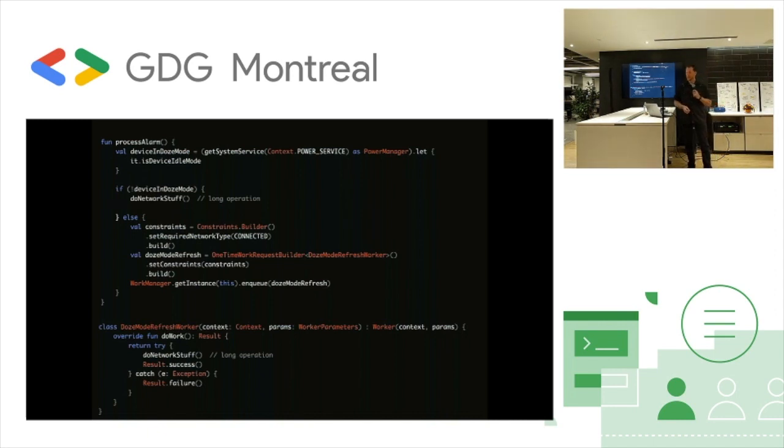And when the maintenance window comes along, it calls our Doze Mode refresh worker, and there you can see that we're doing the network stuff inside the long operation. And yeah, that worked just fine for us. We were able to satisfy the business requirements and have a backup strategy for those cases where it was in Doze Mode. And the user probably didn't want us doing anything anyway. So as soon as the device came back, they got their network requests, and it was a pretty seamless experience.